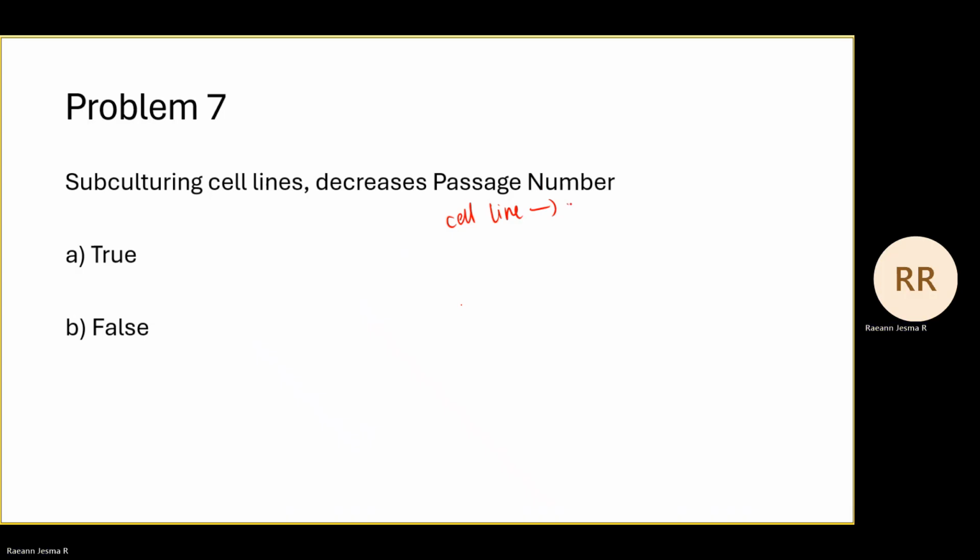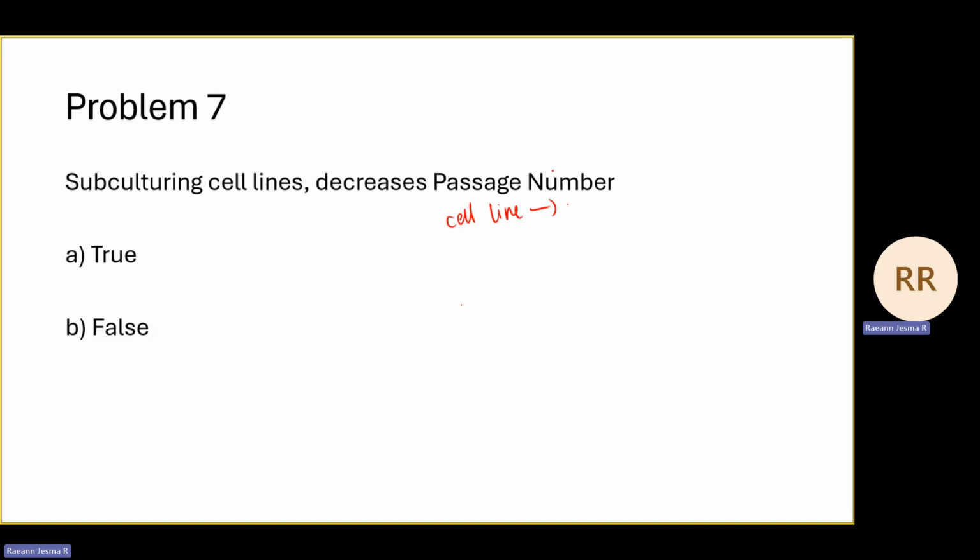While we are maintaining it in culture, it will maintain its function as well as any phenotype that it has, and it will be stable. These cell lines are generally clones of a particular cell, so they all come from the same ancestor cell.